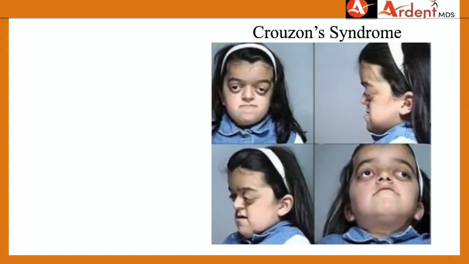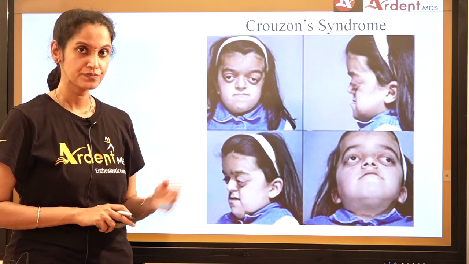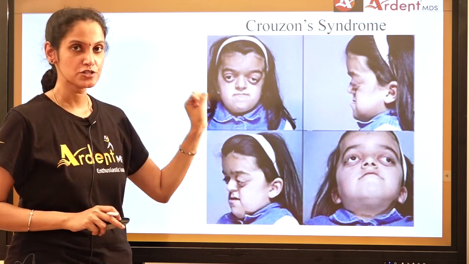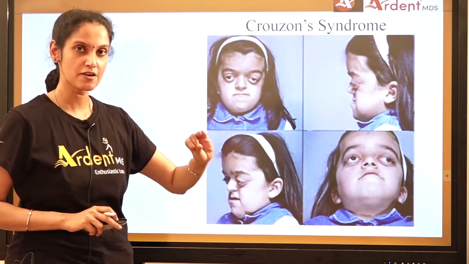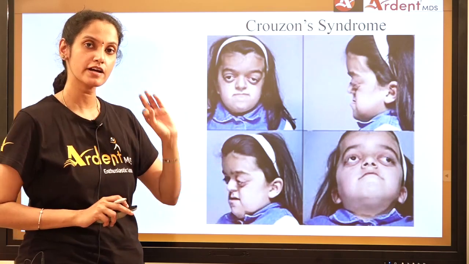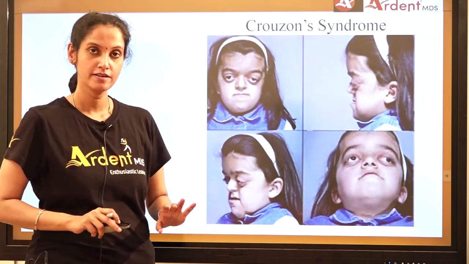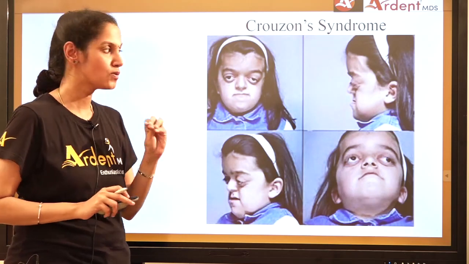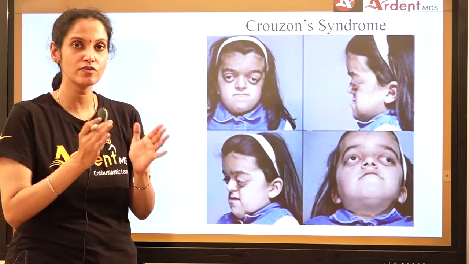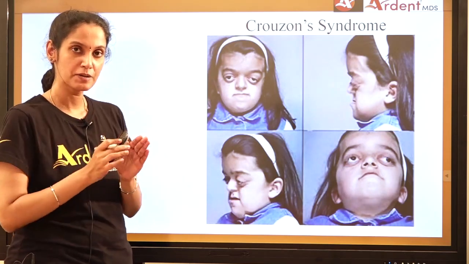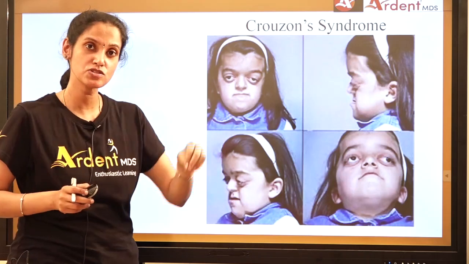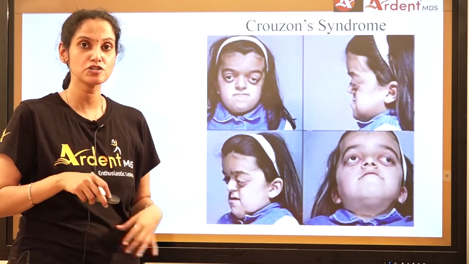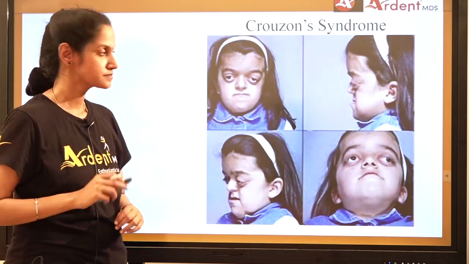So Crouzon syndrome is one craniosynostosis condition occurring because of mutation of the fibroblast growth factor receptor 2 gene, and the patient will have brachycephaly, a short head, scaphocephaly, a boat-shaped head, and trigonocephaly, a triangular-shaped head. The patient will have what is known as a cloverleaf skull, as there are many sutures which are getting prematurely fused.